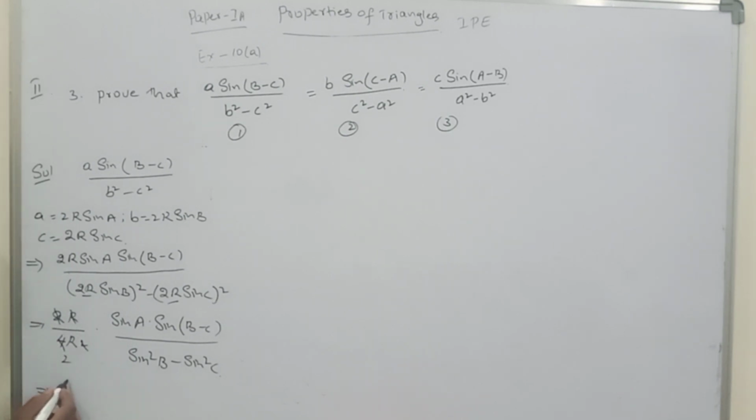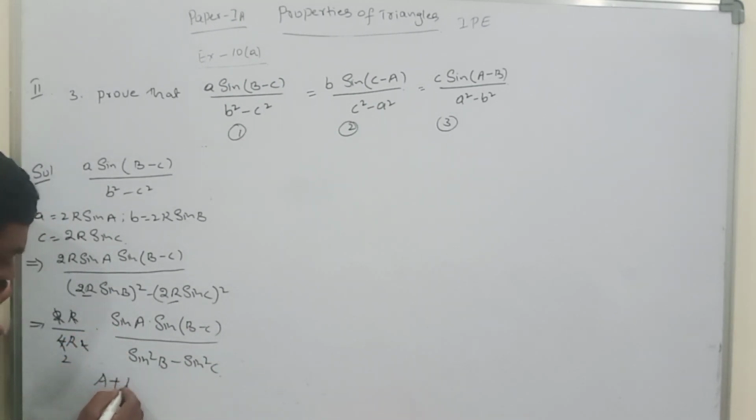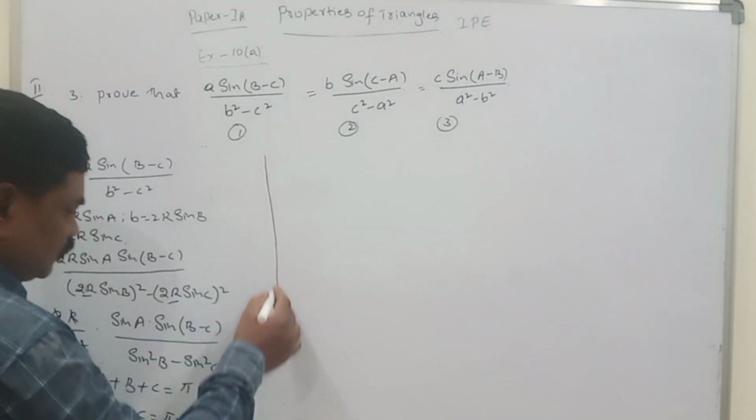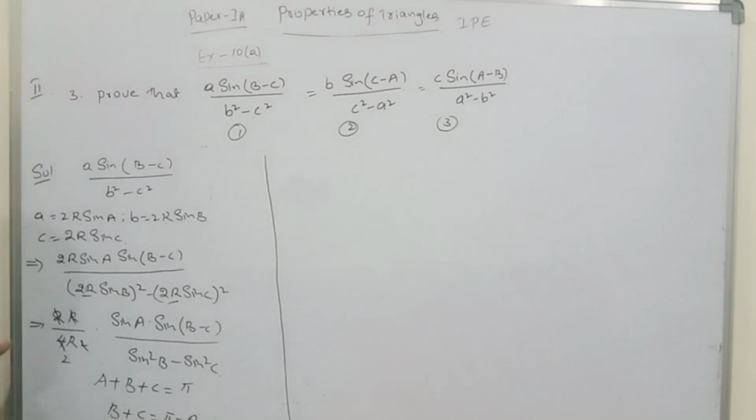Then we can write it as 1 by 2r, and moreover A plus B plus C is equal to what? Pi. From this we can write B plus C is equal to pi minus A. So sine of (B plus C) is equal to sine of (pi minus A), which is equal to sine A. So you have to substitute in this.